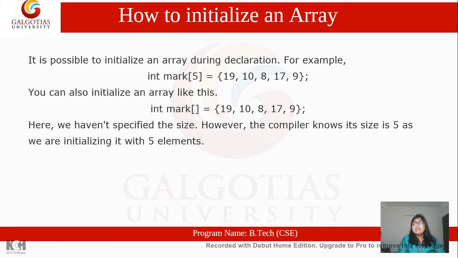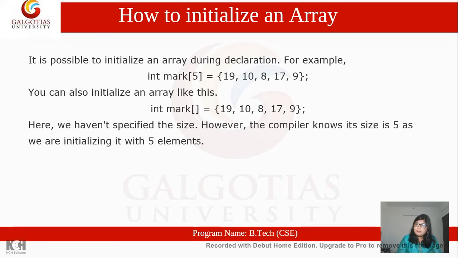So as of now, both these statements are going to create exactly the same array. But in case of the second, if we add one more element at the time of initialization, let's say after 9 I put another element like 5, then the compiler will know that its size is now 6 because we are initializing it with 6 elements.